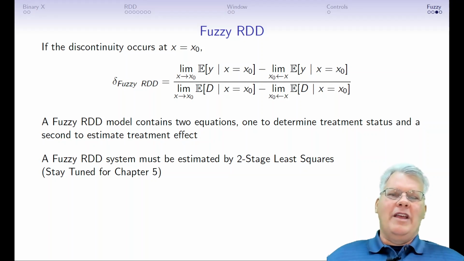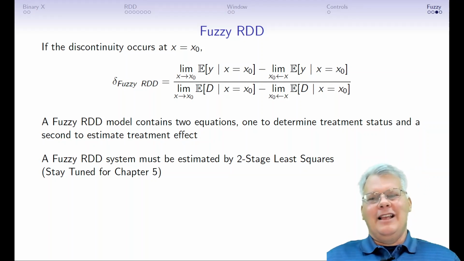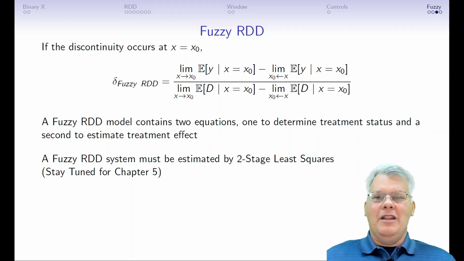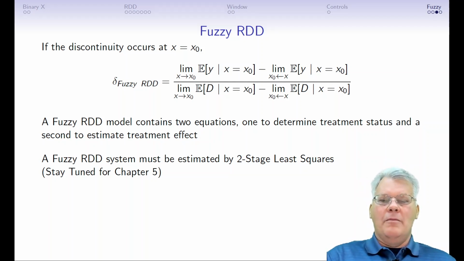Oh, you know what I should have said, to clean that up a little bit: Y would be the outcome of interest. D is the treatment effect. So the treatment effect is whether someone enrolls in Baylor or not.